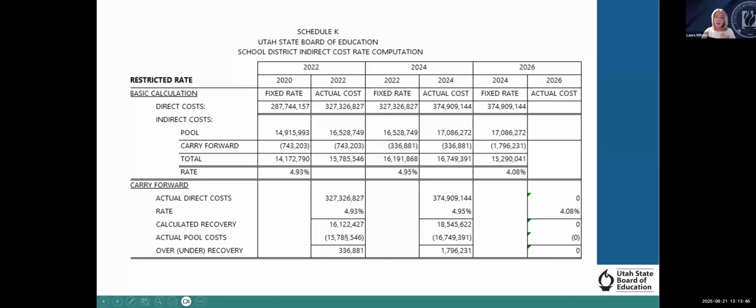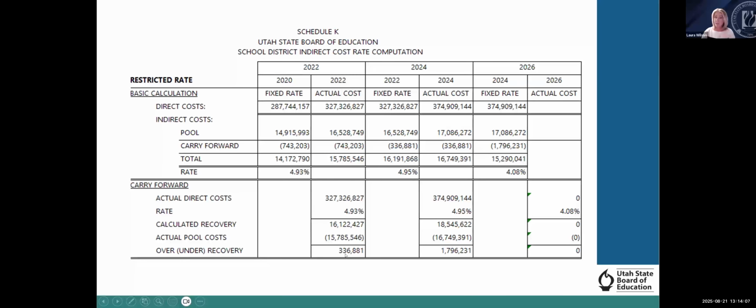Your actual indirect cost pool, however, as you can see from up here above, the total indirect cost pool is less than that, 15,785,546.